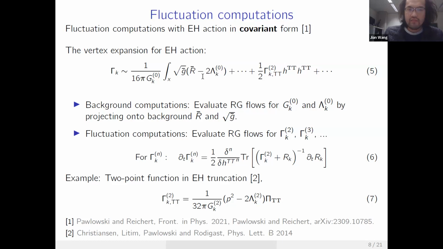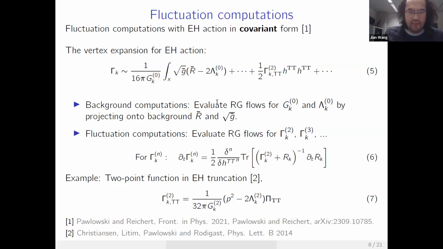The beta functions, or the RG flows, of these background couplings are gotten by projecting onto the background quantities, like the background curvature and the background spacetime volume. Here we denote the background coupling with the index 0, which means that they are for the background.